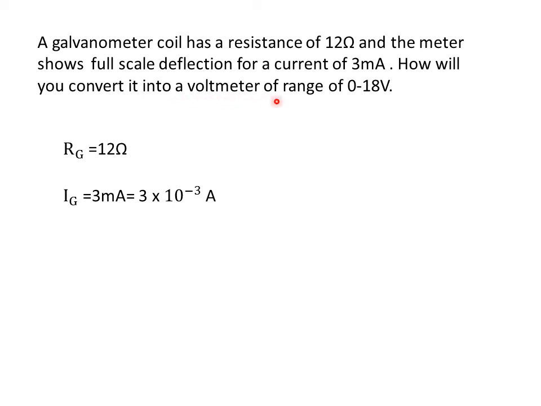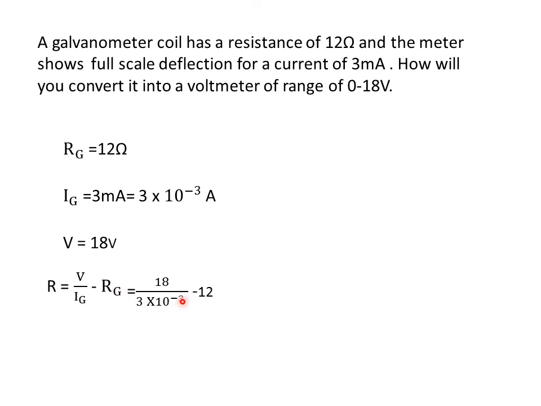Now the range of voltmeter is 0 to 18. So maximum value is 18. So we can write V equal to 18. Now substituting this in the equation, R is equal to V by Ig minus Rg. Instead of V, we have 18. For Ig, 3 into 10 raised to minus 3, and for Rg, 12.